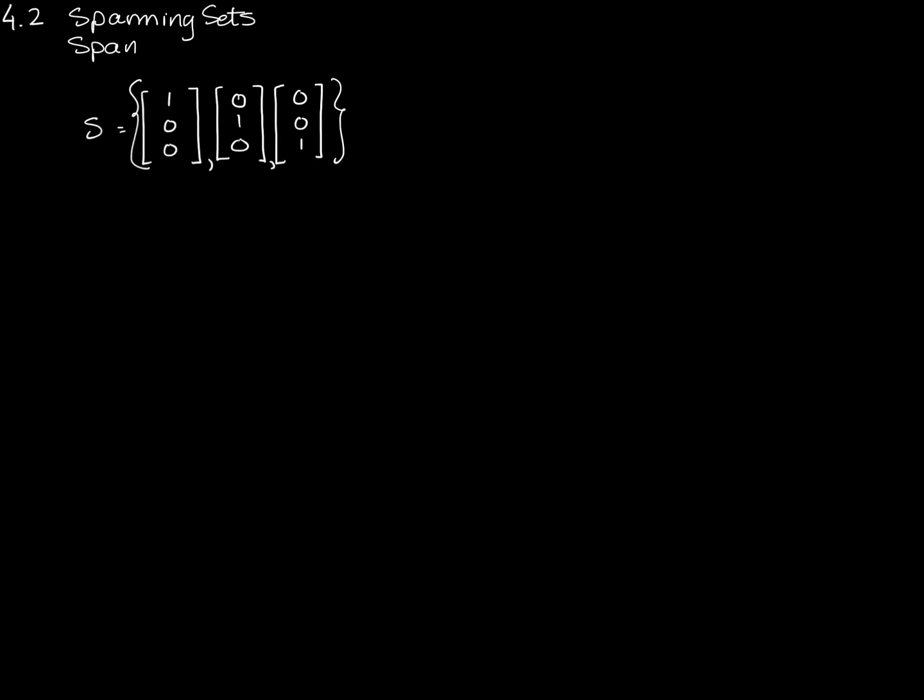Together, these three vectors form a subset of all the vectors in R3, but they do not form a subspace. In order to be a subspace, the 0 vector has to be included, and it is not present here. So this is not a subspace. It's a subset, but not a subspace.